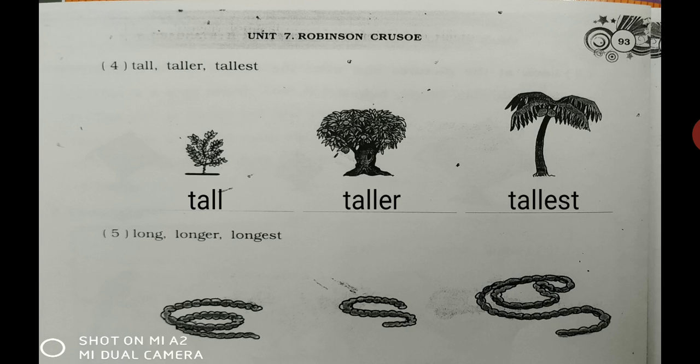So below the third rope we can write the longest, and just hide the third rope and compare the first and second rope. Which one is longer? First is longer and second one is long. Understand? This is the way we can identify the form of the adjective with the picture.